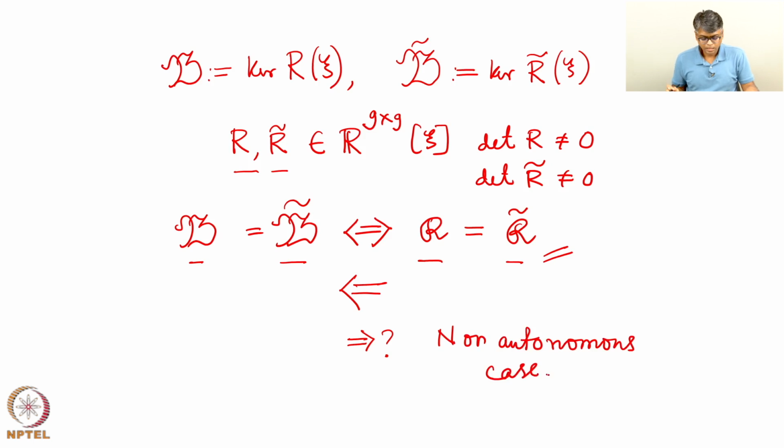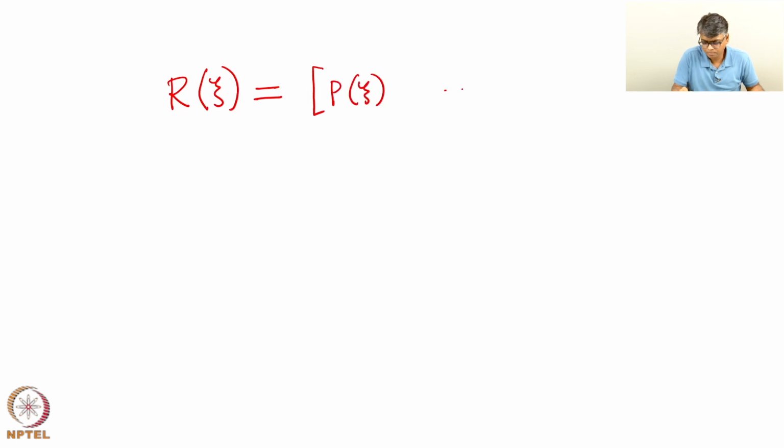Right? And to deal with that non-autonomous case, we first tried to do this partitioning of this matrix into a P(ξ) and a minus Q(ξ), assuming that R(ξ) is full row rank, right?